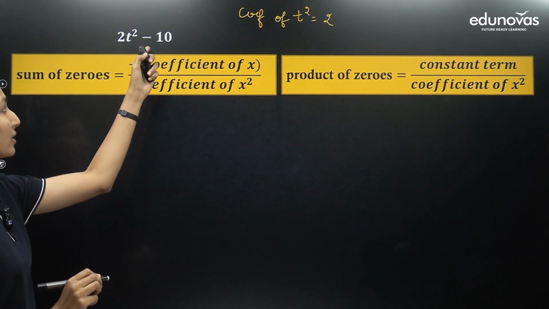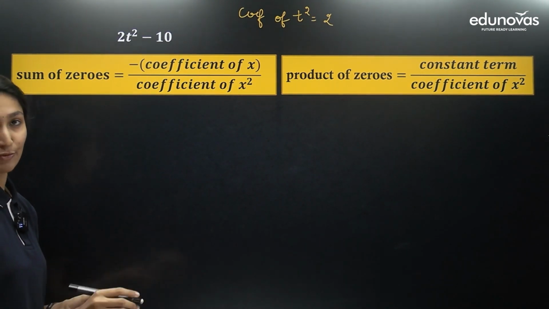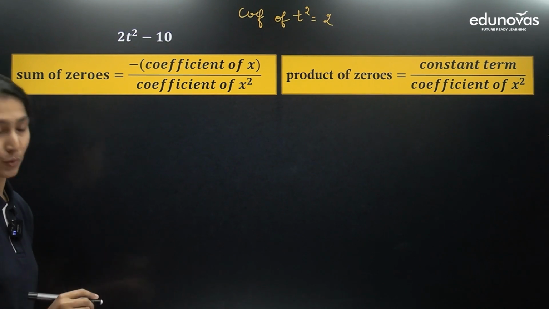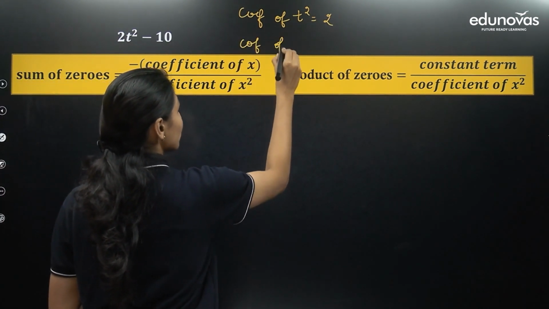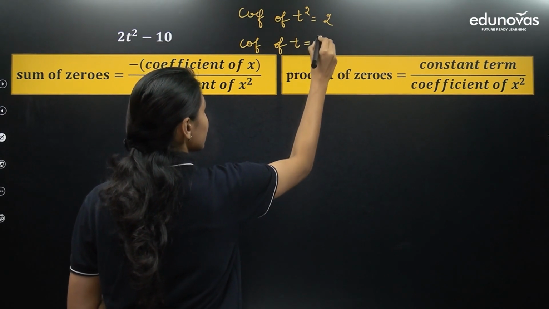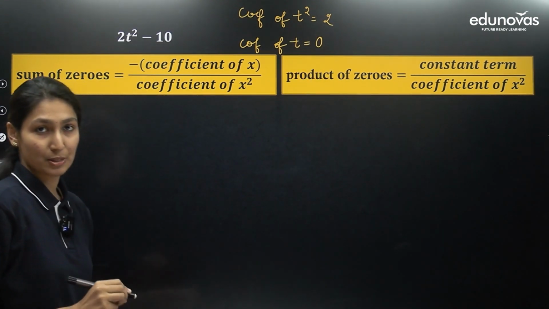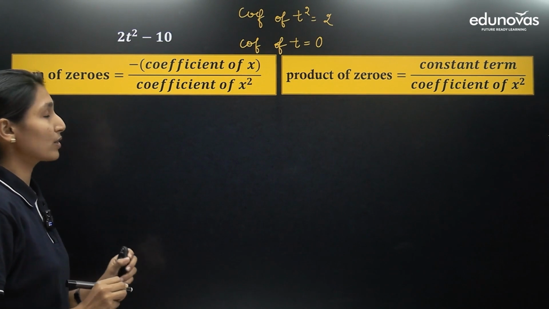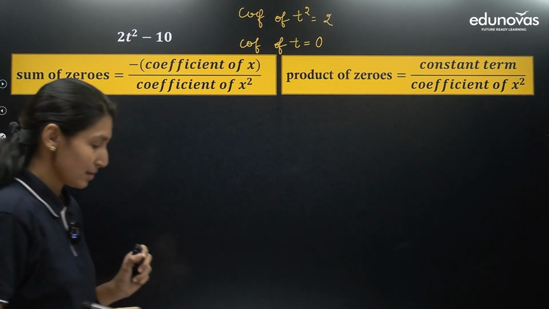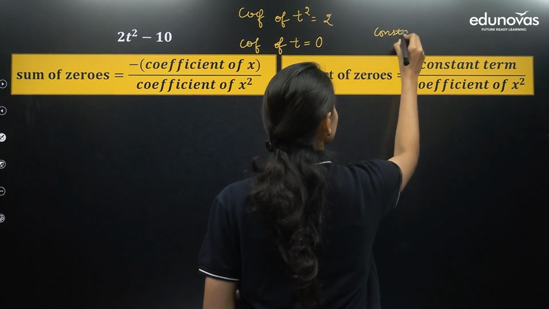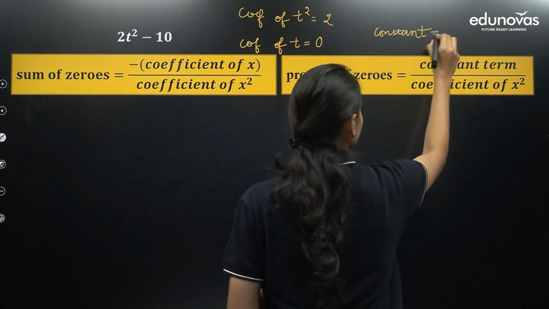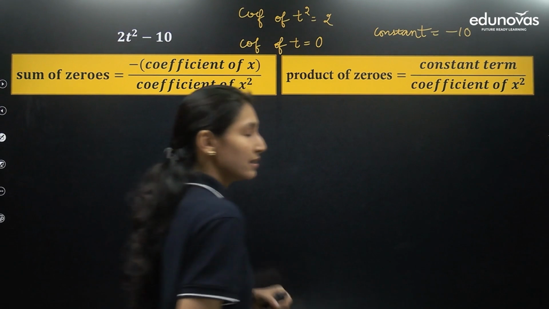There is no term t in the given polynomial. Therefore, its coefficient must be equal to 0. Coefficient of t is 0. And what is the constant term? It is minus 10.